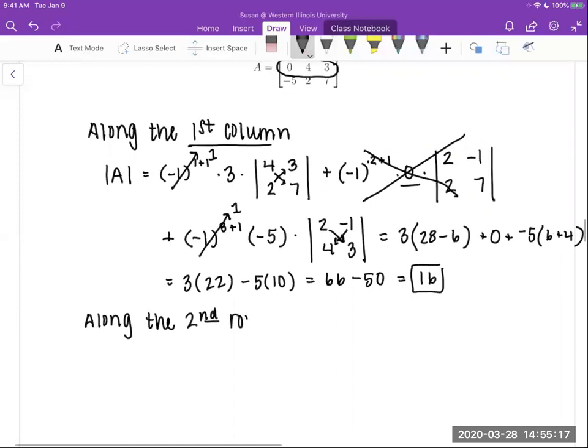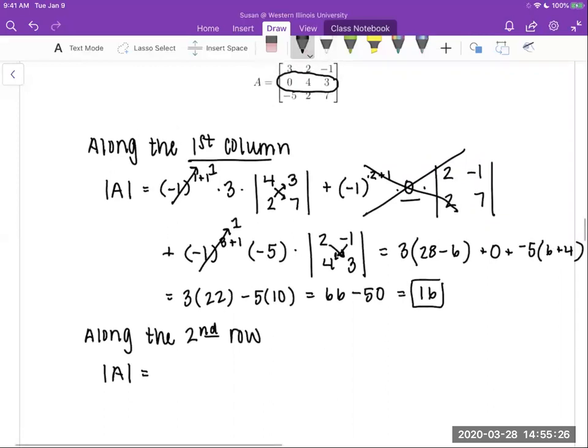So using that vertical bar notation, I would like to compute the determinant of A. And so our first entry in this row is 0. I won't even write out the -1 to the whatever plus whatever, and I won't even write out the cofactor matrix because the whole thing's going to go to 0.